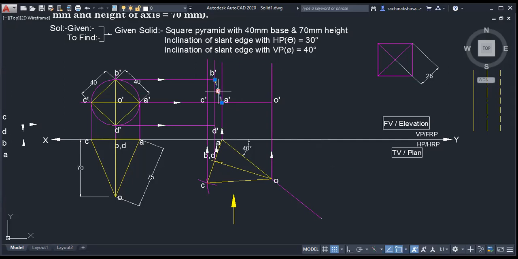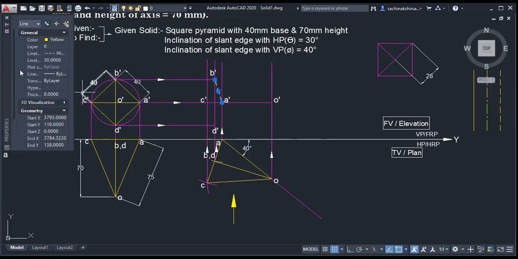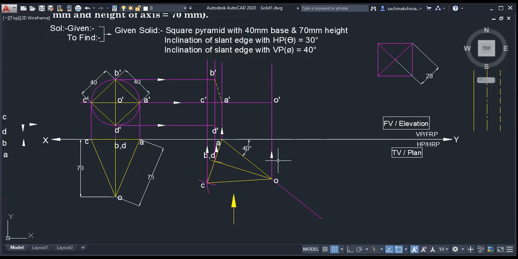We have to draw them as dotted. Okay, so draw these 3 edges first as dotted. Likewise, similarly here, from here to here.